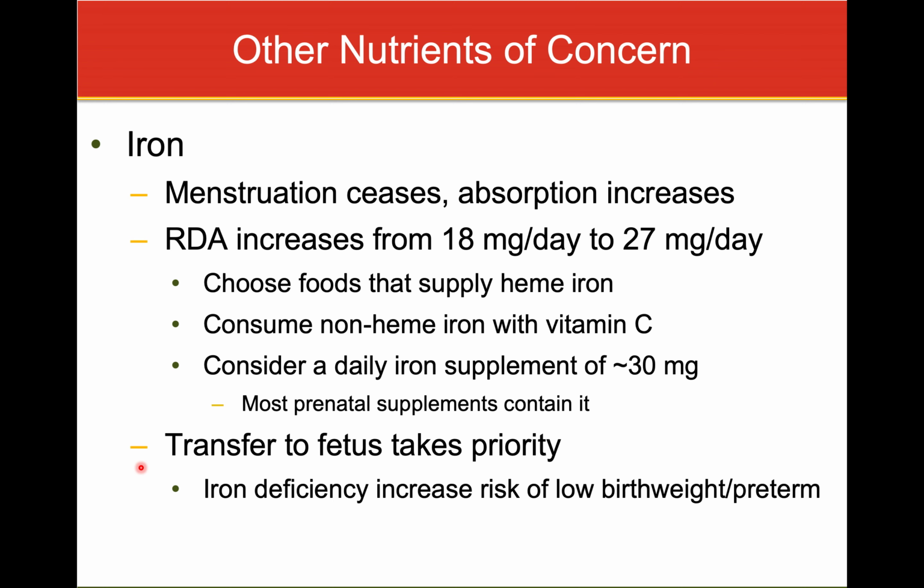Really poor intake of calcium during pregnancy is going to accelerate bone loss, right? If the fetus is going to have to draw on the mother's stores, and the same thing with iron. If there's really poor iron intake, then the iron status of the mother is going to suffer. And of course, this is going to be harmful once the baby is born.